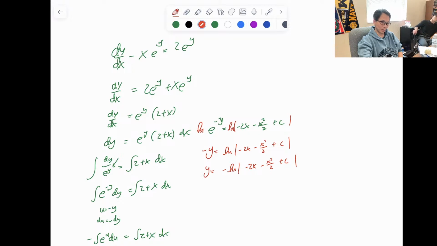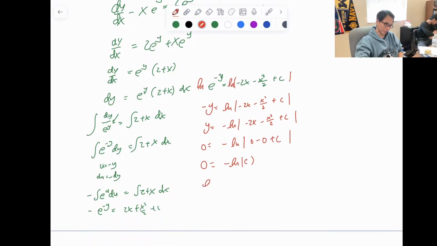So what is the initial condition here? y of 0 is equal to 0, so it'd be 0 equal to negative natural log of 0 minus 0 plus c. So 0 equal to negative natural log of c. Now I can multiply both sides by negative, so natural log of c equal to 0, c equal to e to the 0, which is 1.